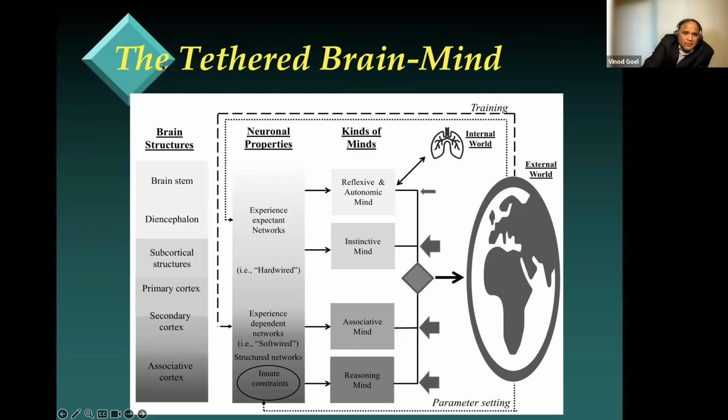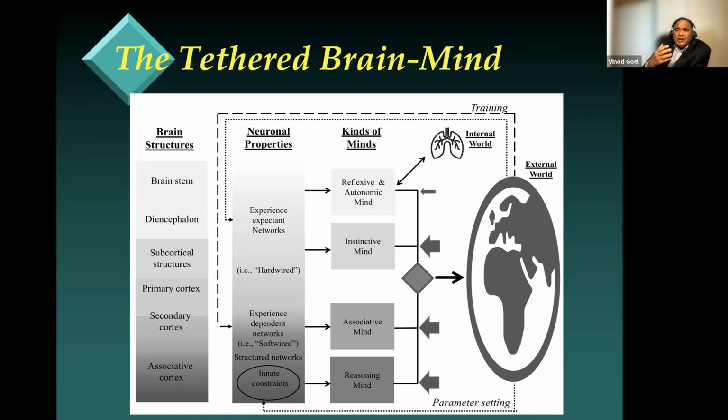Here we've got certain brain structures: brainstem, diencephalon, subcortical structures, primary cortex, secondary cortex, associative cortex. And there are certain neuronal properties associated with these different structures. They differ, and in particular, the property they differ on is what is colloquially called hardwired and soft-wired.